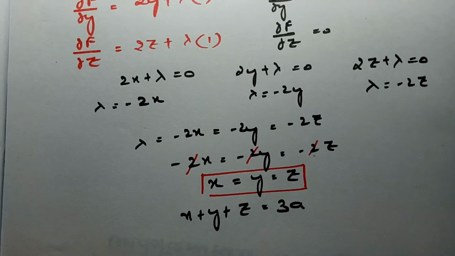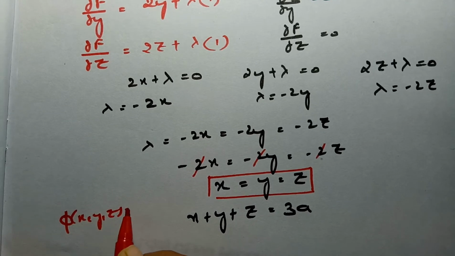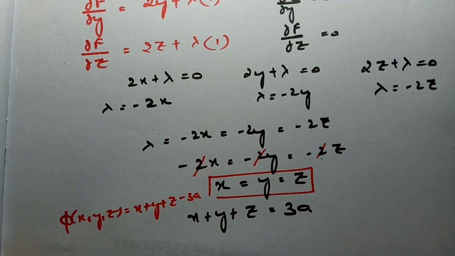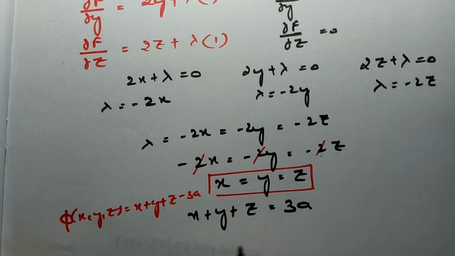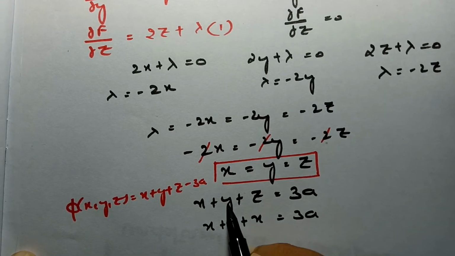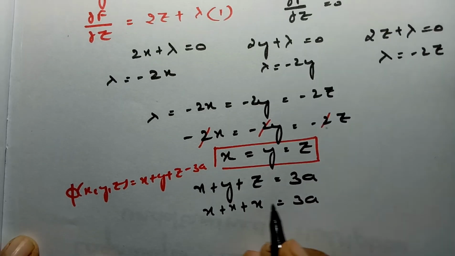Our phi function, if you observe, is x plus y plus z minus 3a. So if I substitute the value of x, then x plus x plus x is equal to 3a. I kept y in place of x, and z is also equal to x.